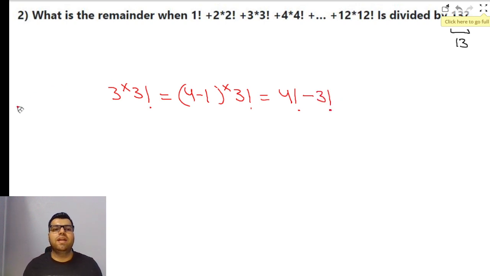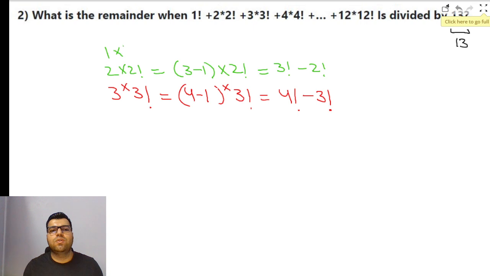Now I have the idea. Let me write the other terms also. If I write 2 into 2 factorial, I can write 2 as 3 minus 1, into 2 factorial. So this becomes 3 factorial minus 2 factorial.